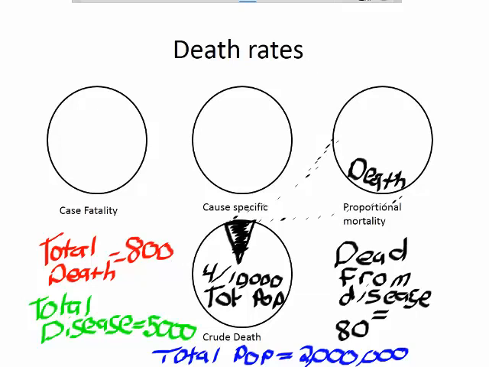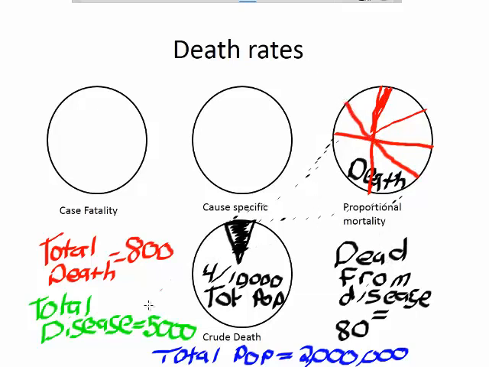Then we could easily calculate what we call the proportionate mortality. Now this pie of all the deaths will be split into many different wedges, of lots of different sizes. Some are going to have a lot of death, some are only going to be a little bit, and so on and so forth.